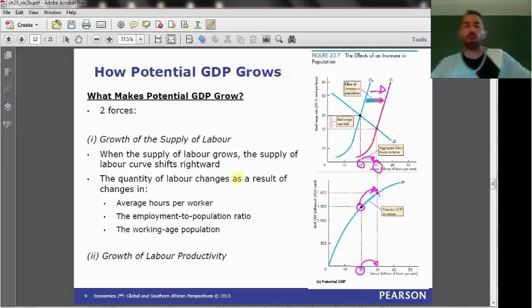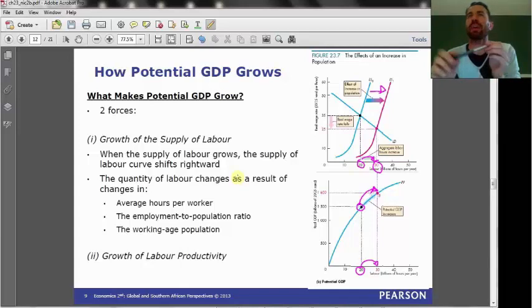Average hours per worker: what that means is if people start working longer, generally, we have an increase in the supply of labor hours. If you recall from that video, one of the things that Niall Ferguson mentioned was that in what we refer to generally as the East, there is now an average number of hours worked per laborer that is much higher than in the West. I think it was Germany was the example he gave.